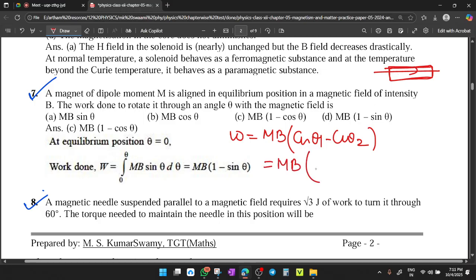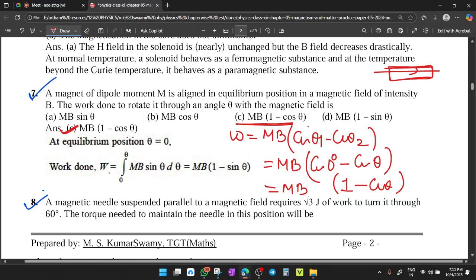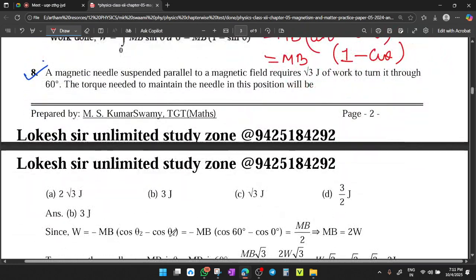So in place of theta 1 it is 0 degrees, cos 0 degrees minus cos theta. So it is MB, cos 0 is 1, so MB (1 minus cos theta). So the answer is MB (1 minus cos theta), the amount of work done. Clear?